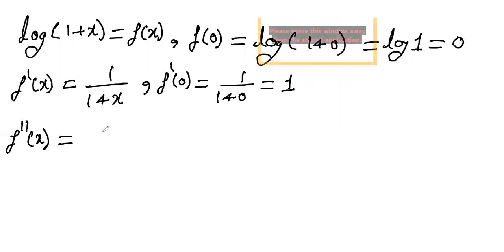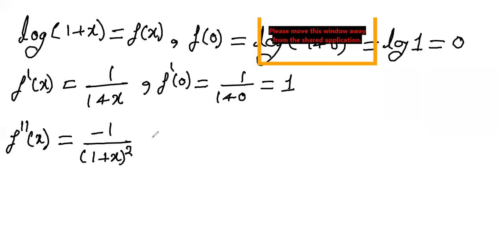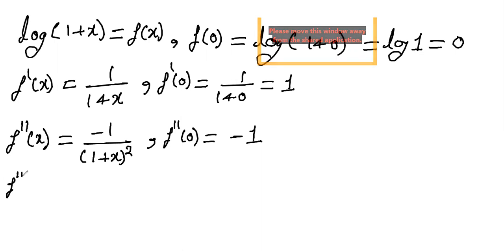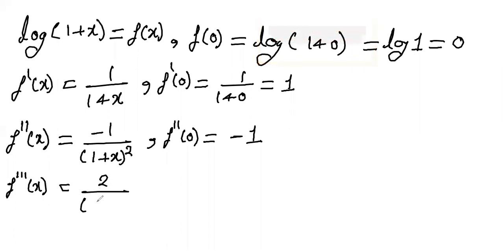It will be minus 1 upon 1 plus x square. So f double dash 0 is minus 1. Then f triple dash x is 2 upon 1 plus x cube.